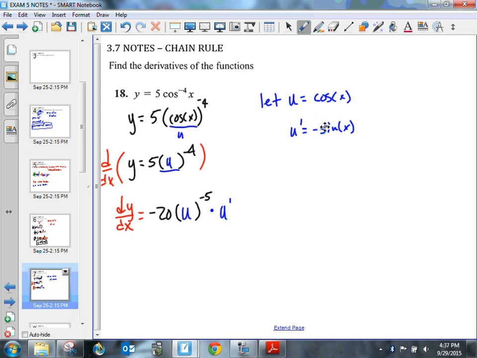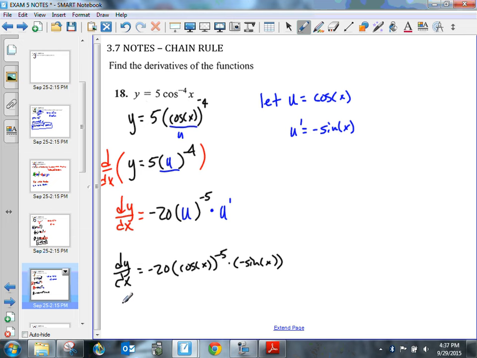Now I need to come back and chain it all back together. So I'm going to write my derivative like so. I'm going to write it as dy/dx is equal to negative 20 times cosine of x to the negative fifth, and then times negative sine of x. Okay. Now, you can leave it like this if you want.